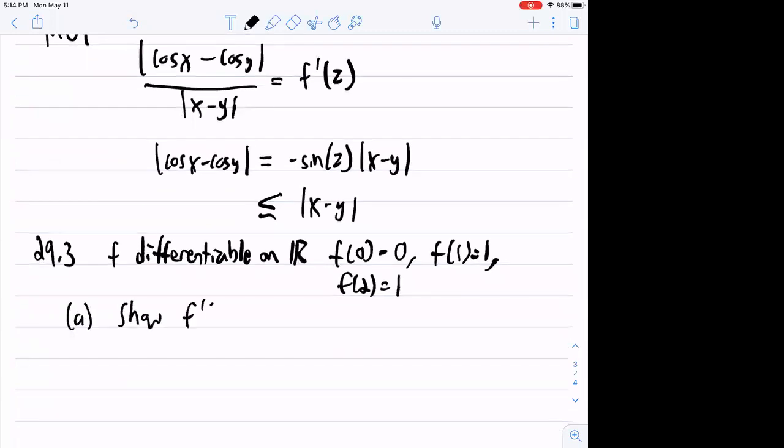Show f prime of x is equal to a half for some x in 0, 2. Okay, any ideas on how to do this? So this is an MVT question.